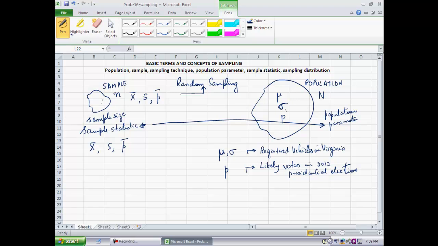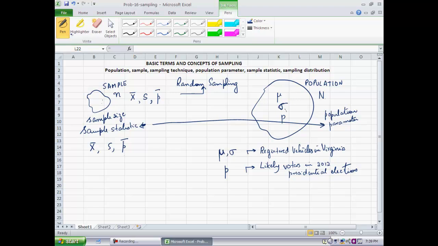For example, if I picked a set of 100 likely voters and computed the sample proportion once, and then picked another set of 100 likely voters, even though they're representative, I might get a slightly different value of the sample proportion. So the main conceptual distinction to remember is that sample statistics are random variables.